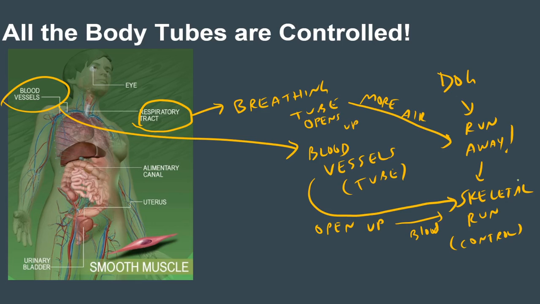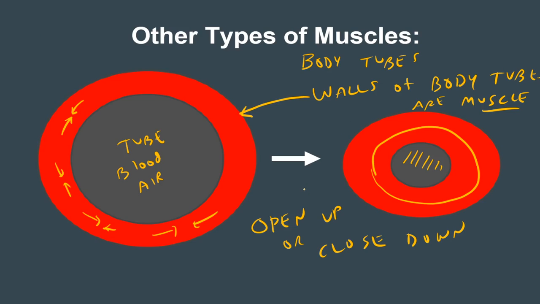Now you made a decision to run, but you did not say, hey, don't forget, I need to open up my airway so that I can get more air into my lungs. You did not say, hey, blood vessels to my muscles in my leg, I need you to open up to let more blood in. That all happens automatically. The muscle around those tubes, you do not control.